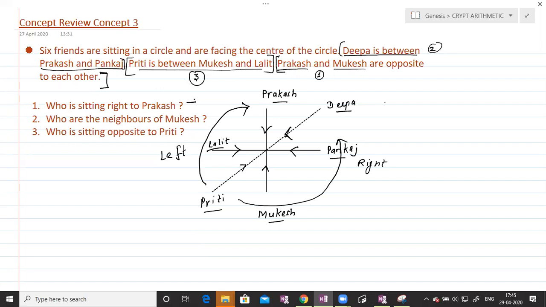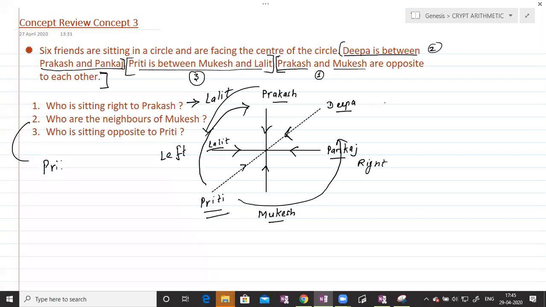First one. Right to Prakash. Look at this. I'm talking about right, which means what? Anti-clockwise. Right? Anti-clockwise. Lalit. Who are neighbors of Mukesh? Mukesh, Preeti and Pankaj. Right?